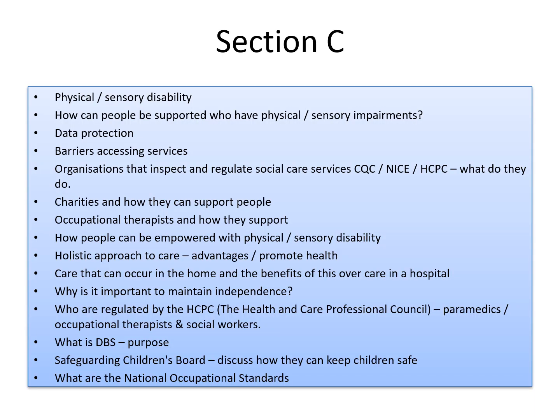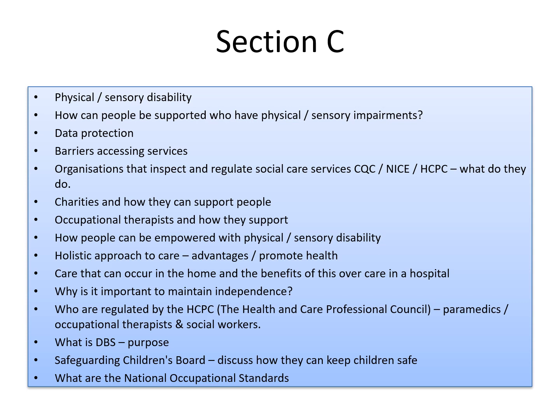Section C tends to focus on somebody with a physical or sensory disability and how people can be supported who have these sensory and physical impairments. Again, you need to know about data protection, barriers that people may face accessing services, organisations that inspect and regulate, charities and how they can support people, occupational therapists and how they can support, how people can be empowered, holistic approach to care and its advantages, care that can occur in a home, so domiciliary care, and the benefits of domiciliary care over care that can be provided in a hospital setting.